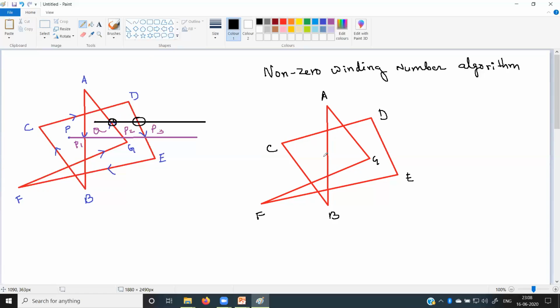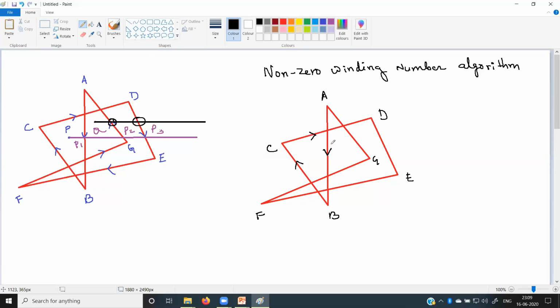Now, as I am giving the names of the points, we will put the arrows as I showed you earlier. We will give some direction like A to B, then B to C. That means we start from any point and traverse all the edges of the polygon either in clockwise or anti-clockwise direction.